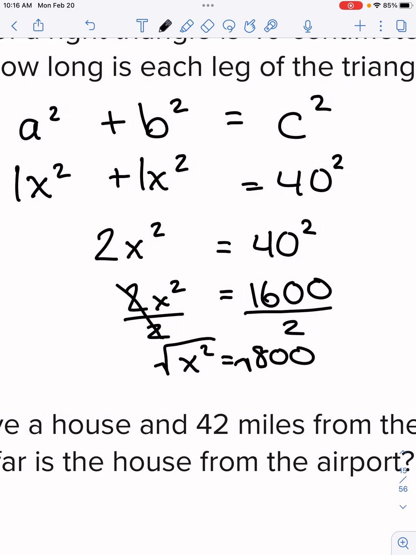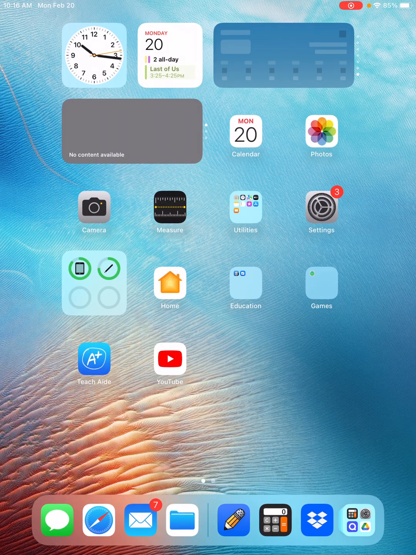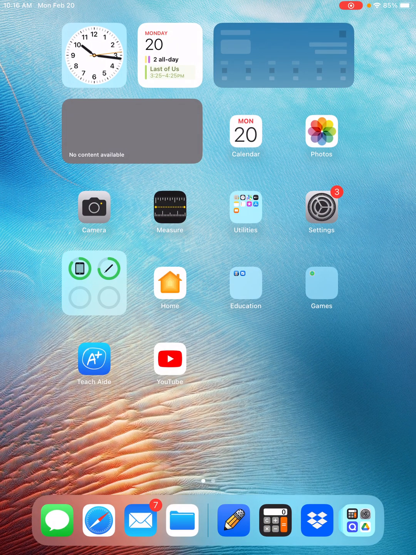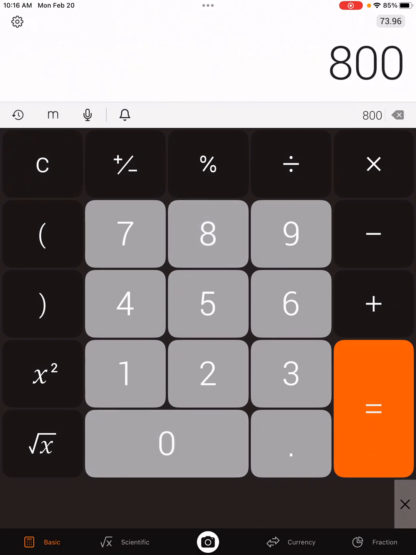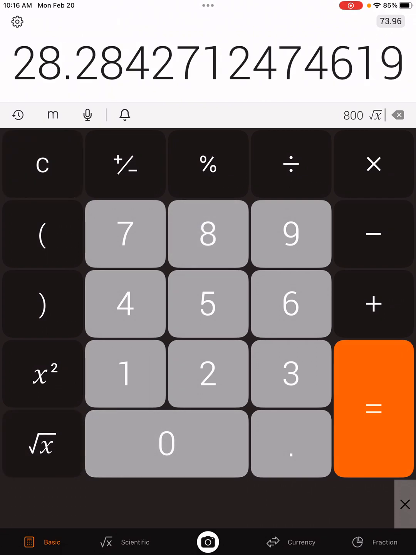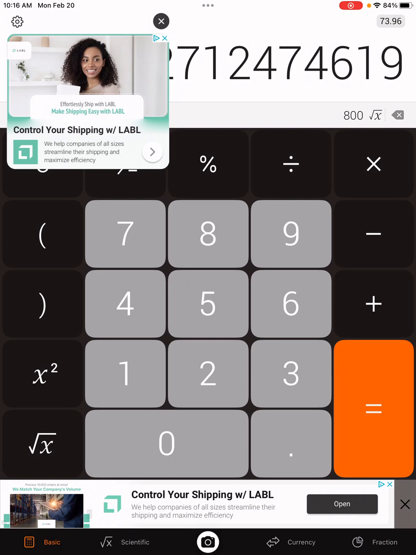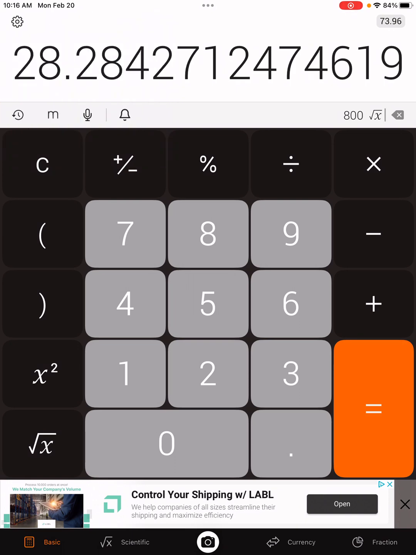When we take the square root of both sides, we're going to find what our answer is. This won't be a whole number though, because the square root of 800, right? We have to figure out what times itself will give us 800. Square root of 800 is 28 point something. If we round to the tenths place, this 8 in the hundredths place tells that 2 to go up.